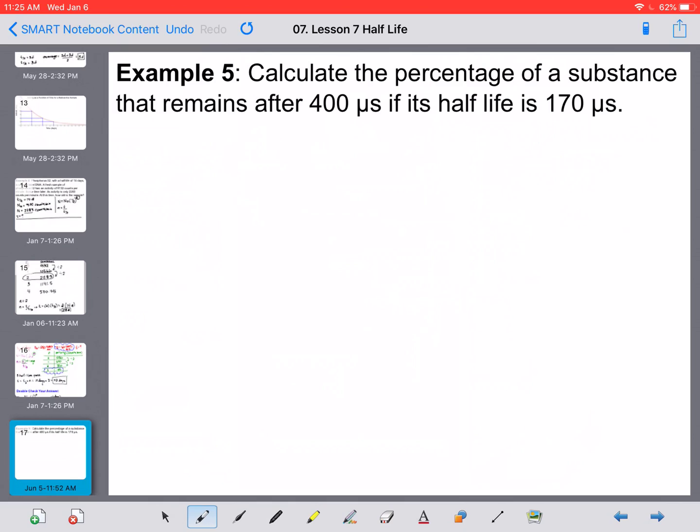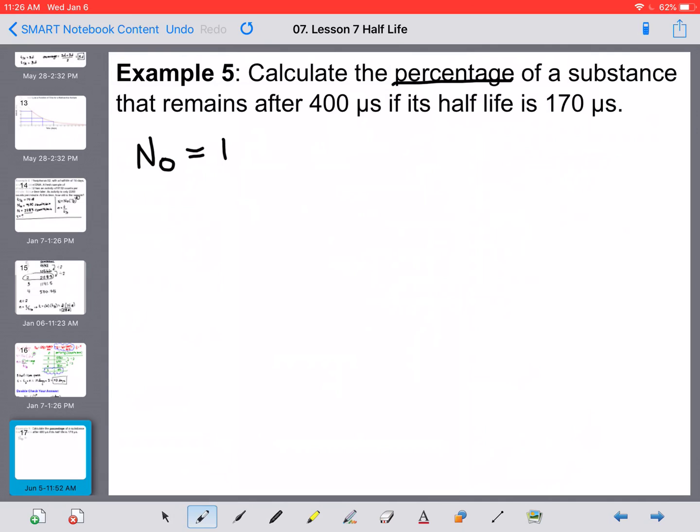Okay, example number 5. Calculate the percentage of a substance that remains after 400 microseconds if its half-life is 170 microseconds. Okay, so the difference with this one is that it talks about percentage. If you get a question that talks about percentage, here's what you do.